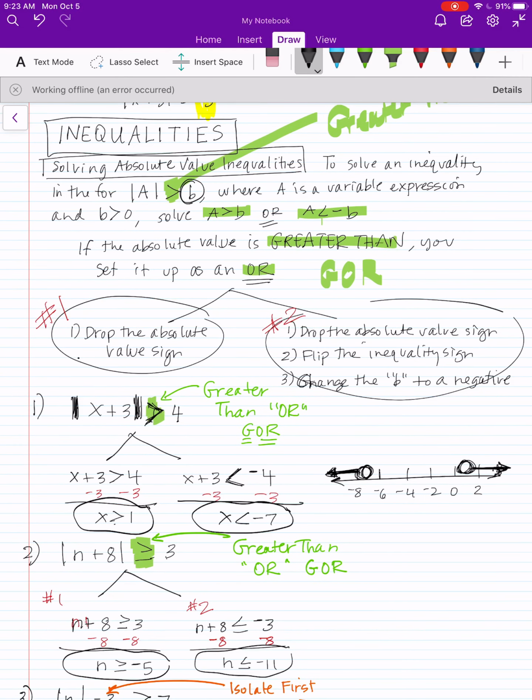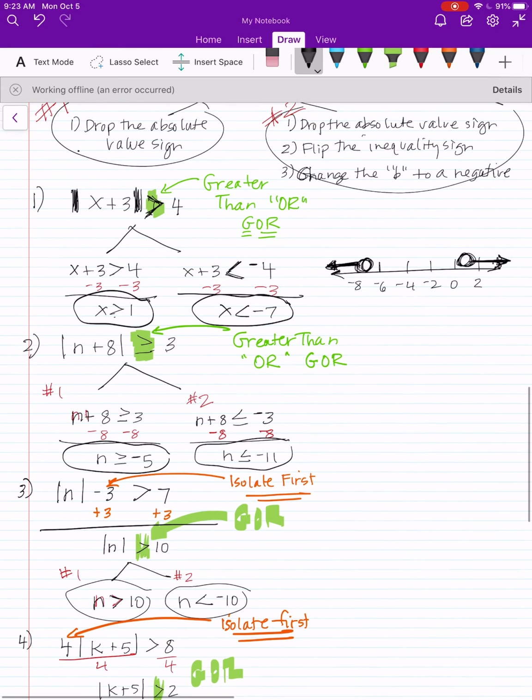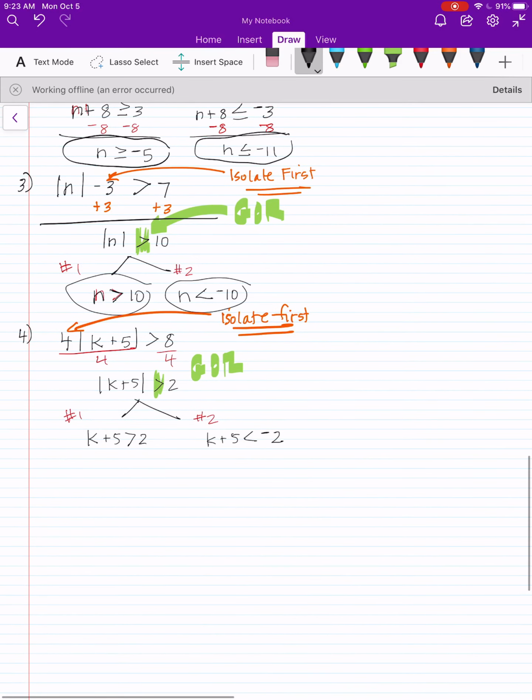Notice it says the absolute value of A is greater than B. So that's what B I'm referring to. Okay, now we solve. So subtract 5, and that gives us K is greater than negative 3. Over on the other side, subtract 5, and K is less than negative 7. So there's my two answers.